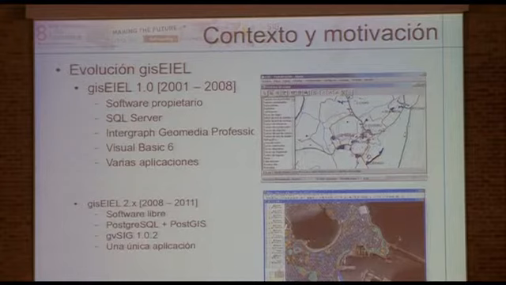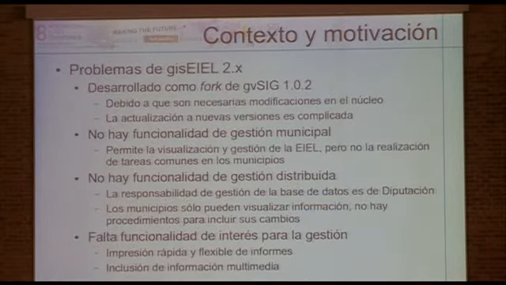So gvSIG was developed. It's open source, used PostgreSQL, and we developed gisEIEL as a gvSIG fork. So we changed the code. Certain functionalities required changing the code, and we did that in an abrupt way, to say the least.